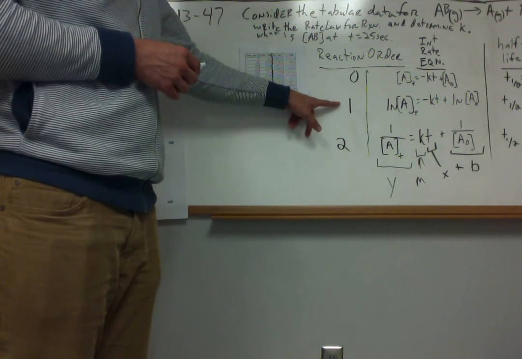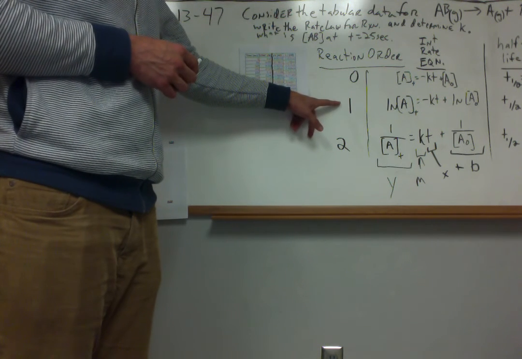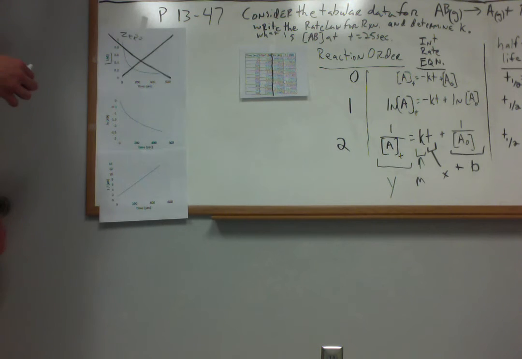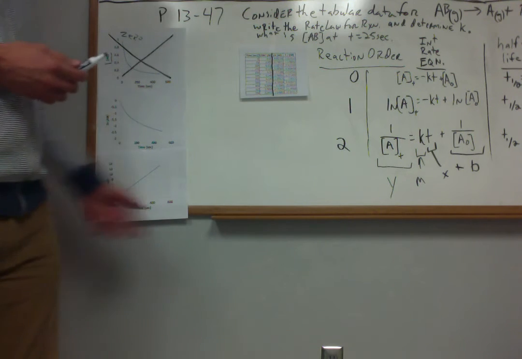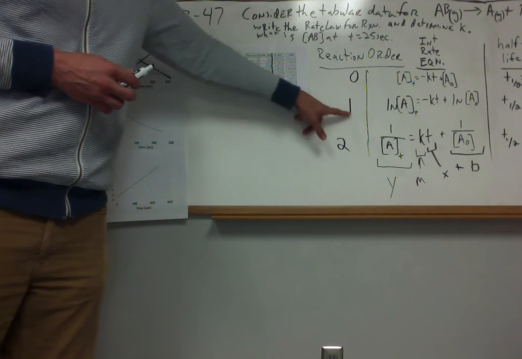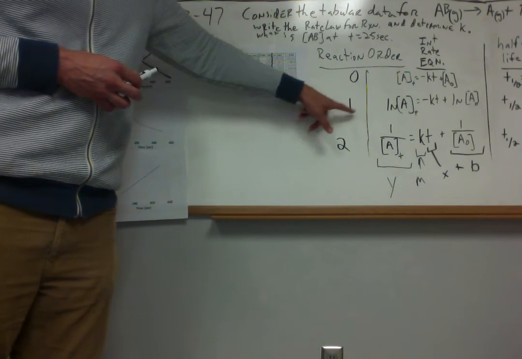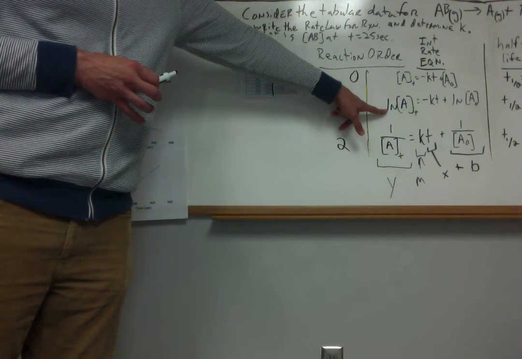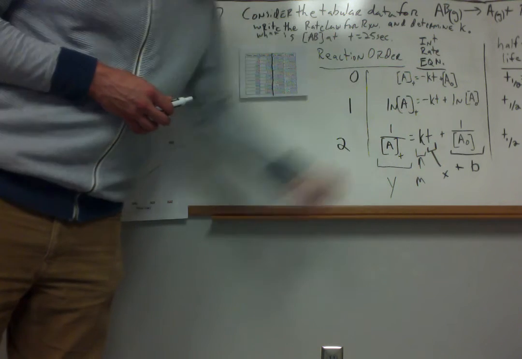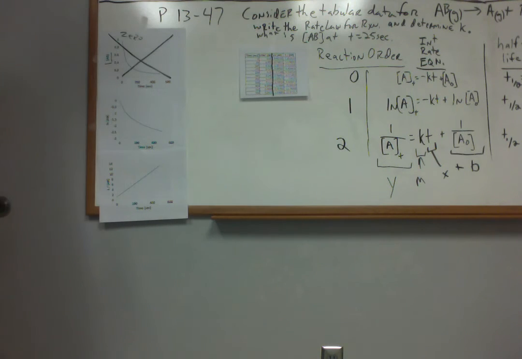Now we consider the next case. Maybe the reaction is a first order process. So we take the concentration and time data, and we convert it to a form that should yield a linear relationship between variables if a first order process exists. So now here, my y variable is the natural log of the concentration as a function of time. Natural log is y, time is x.